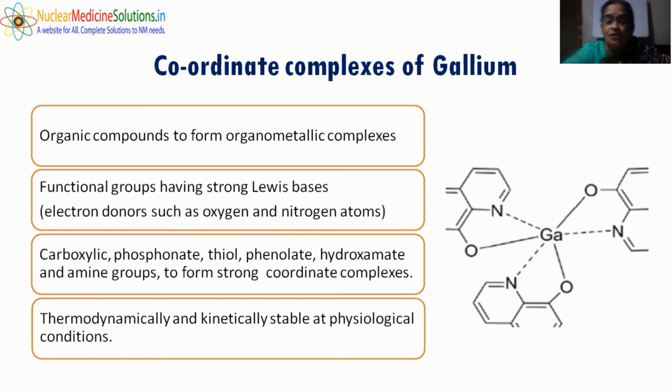This bond or this relation should not get broken once inside the body. Then the purpose of injecting this radiopharmaceutical inside the body is totally lost. So that is why it is very important that they are thermodynamically and kinetically stable at physiological conditions. And this gallium chemistry of radiopharmaceuticals has to be studied.